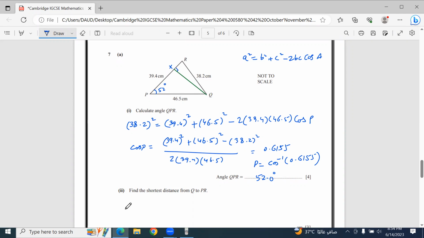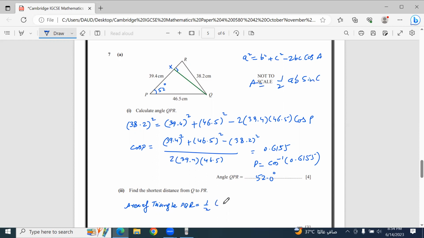The area of triangle PQR is 1/2 times the corresponding sides of this angle, which are 39.4 and 46.5. Remember, I'm using the formula 1/2 ab sine C to find the area of the triangle.